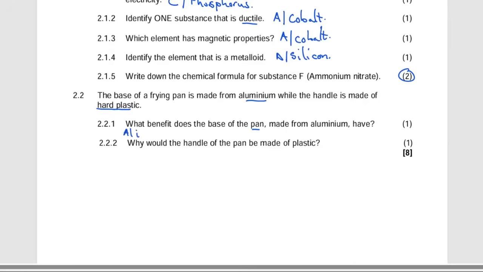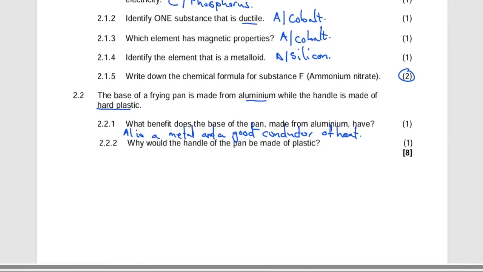Al is a metal and a good conductor of heat. So that's our answer for the first one. It means it allows heat to easily pass through it.